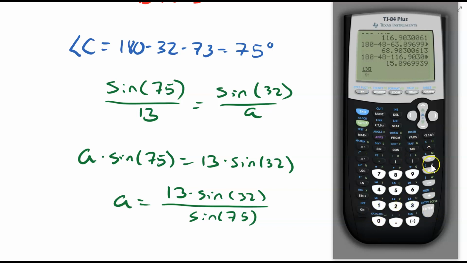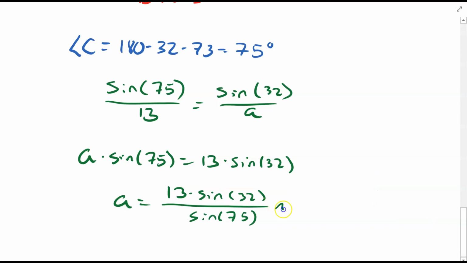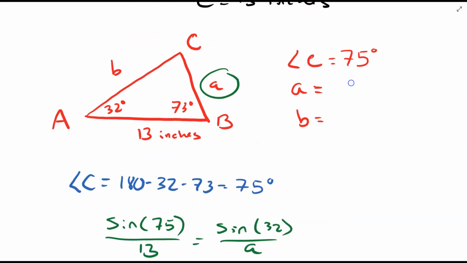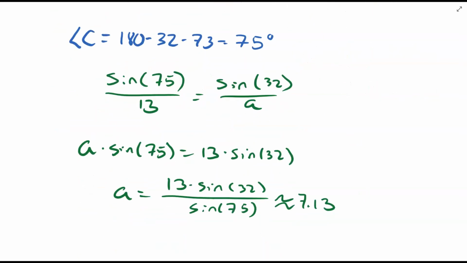So 13 times sine 32 divided by sine 75. Check my mode real quick. I am in degree mode. So I get 7.13. So I'll write that, 7.13 inches. Feel okay there? All right.